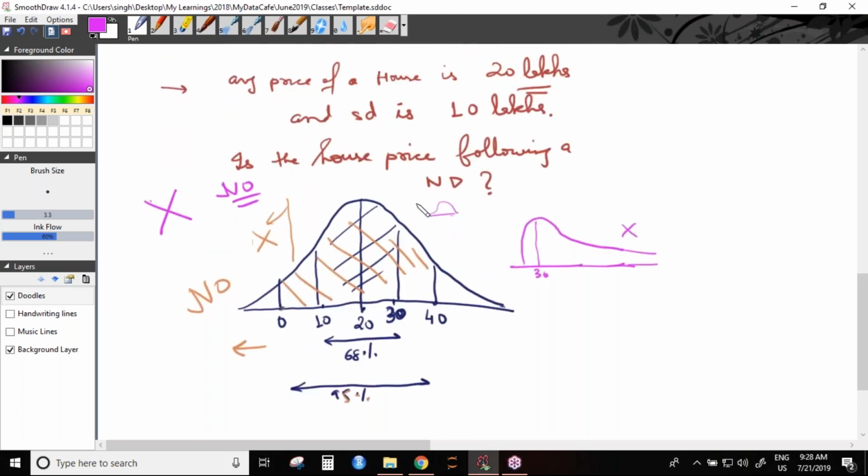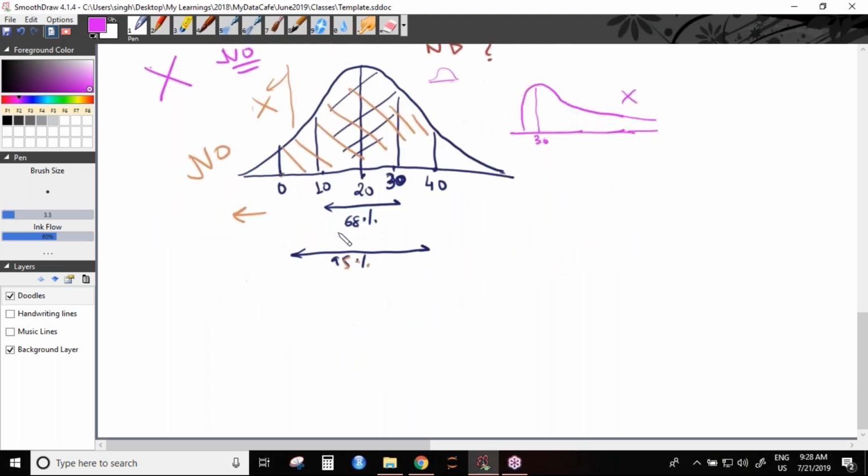In most cases I have seen, prices will never follow a normal distribution. Price of anything always follows something like this. It will generally have a right tail. This is called a right tail distribution.